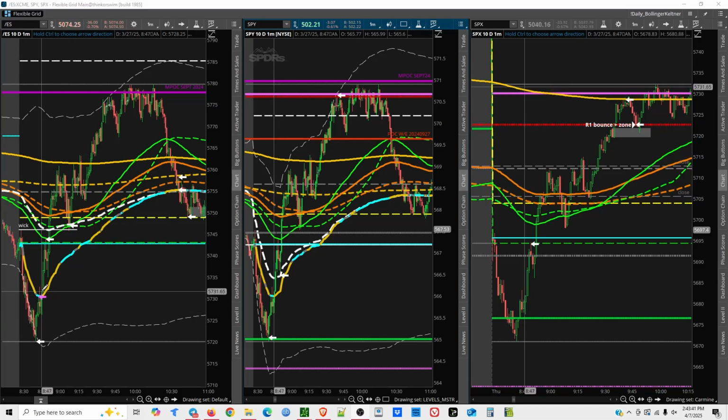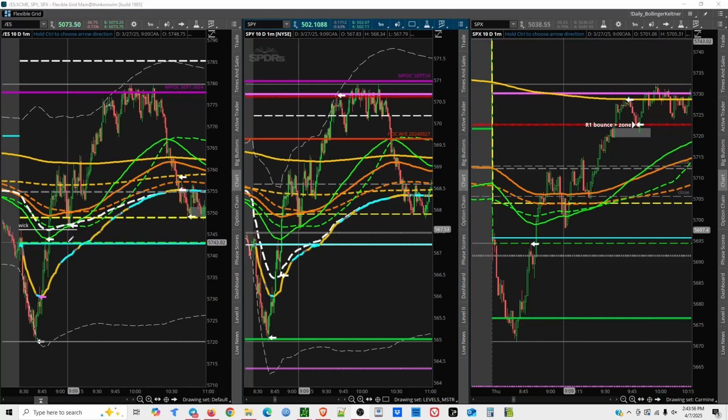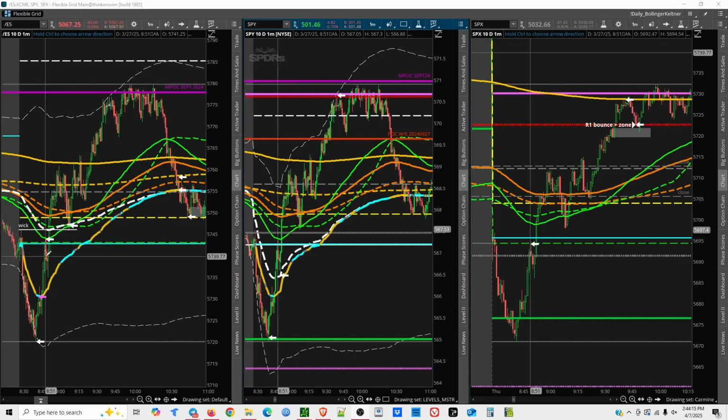And then it bounced and ran through intraday and came up to the RTH open, which is a cyan blue line. But that green dashed line right there indicates that that was the previous day's low. Interestingly enough, the market retreated there as well.